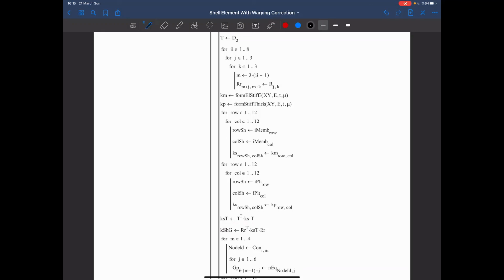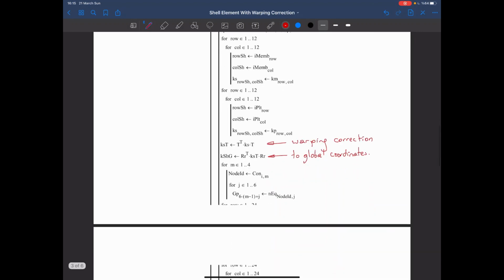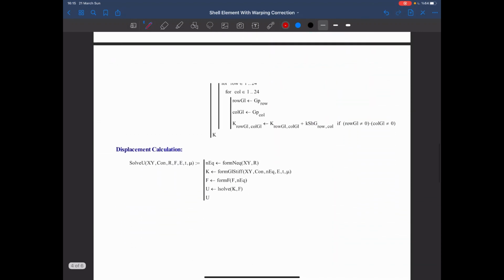So let's write it. This one is warping correction. And this one is rotation to the global coordinates. Just write to global coordinates. And afterwards you perform the solution.